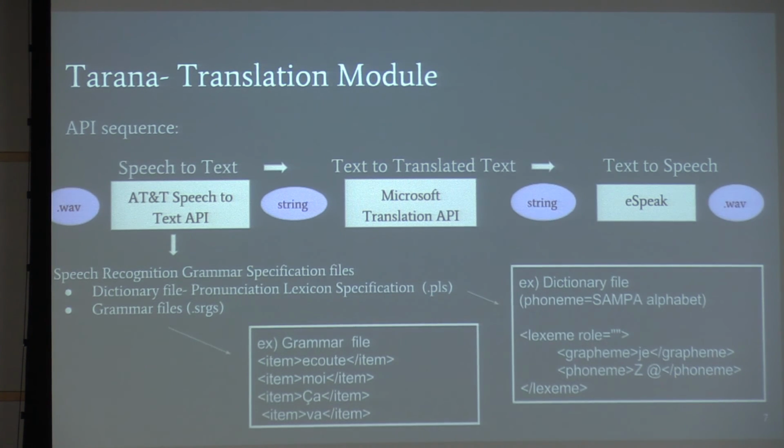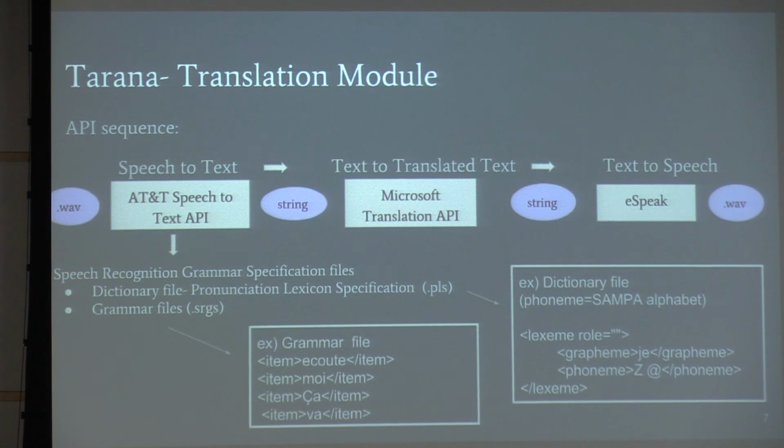So for our translation module, we're using AT&T's speech-to-text API for the speech-to-text. We're using Microsoft Translation API for the translation. And we're using an open-source C-based program called eSpeak for the text-to-speech portion. So what happens is as the child uses DictionBeary, we record a WAV file, which is sent to our AT&T speech-to-text API.